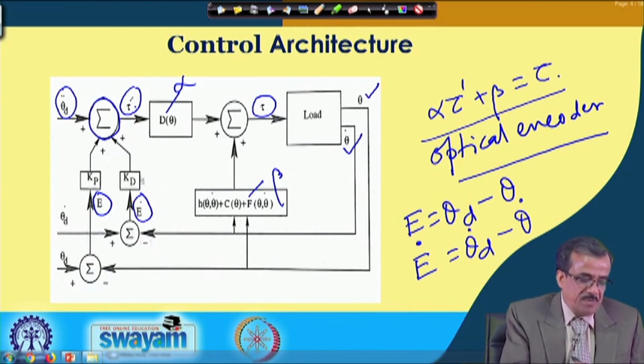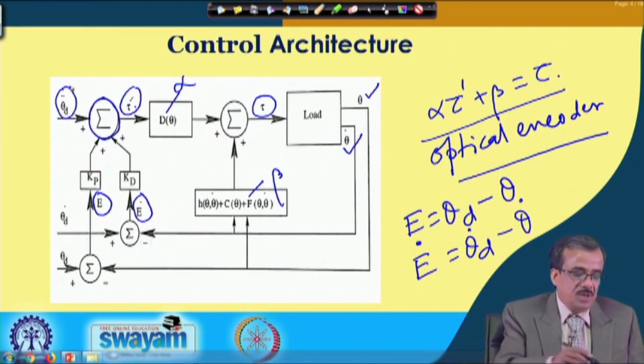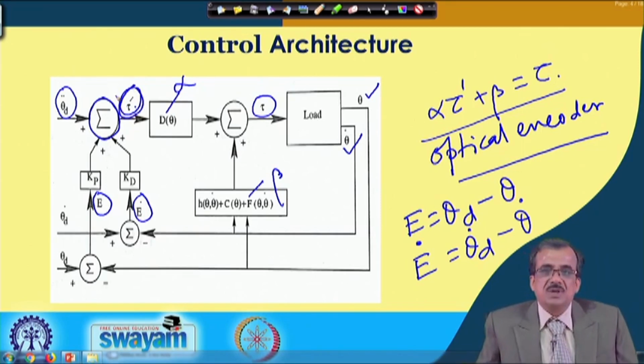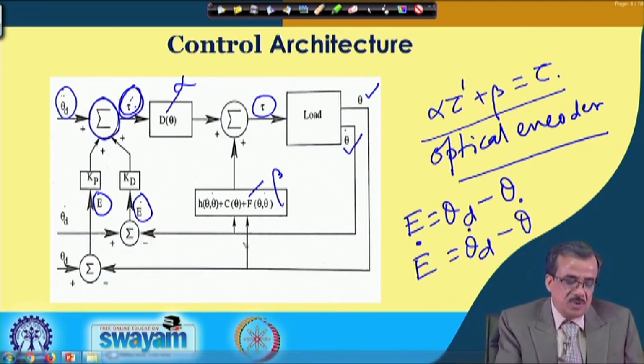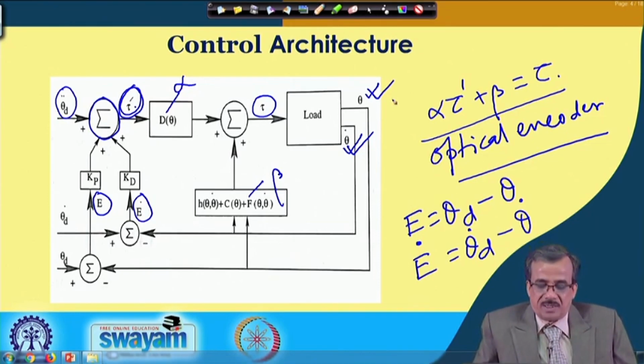Then E dot multiplied by k d plus E multiplied by k p plus theta d double dot is your tau prime. So, we can find this tau prime, and using the closed loop control system, you will get the accurate joint angle and theta dot. This is the way this control architecture works.